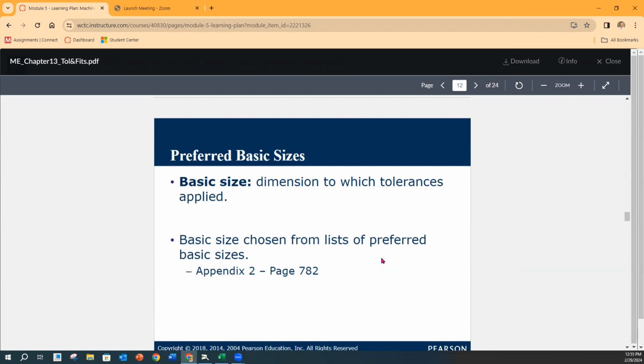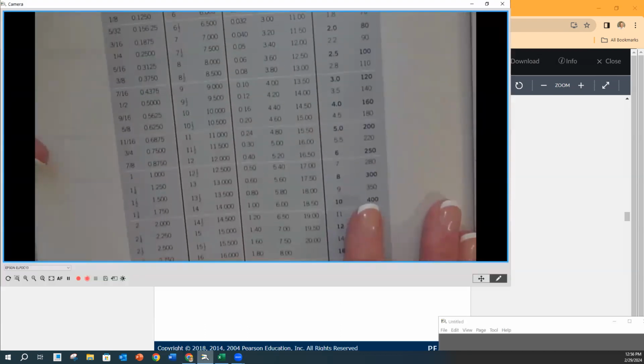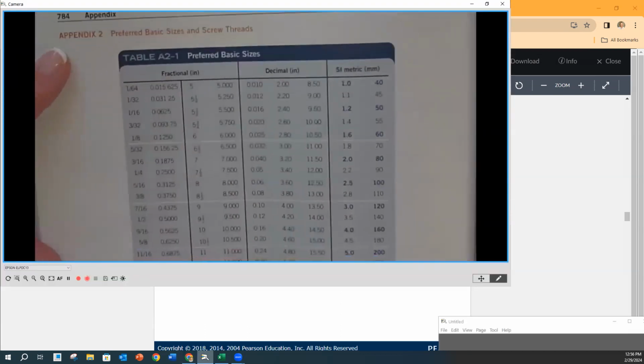If we go to Appendix 2 in our book, you're going to see a nice chart that lists all of the basic sizes for both metric and inch. I put the wrong page, I'm sorry. The chart is Appendix 2, but it's on page 784, not 782.